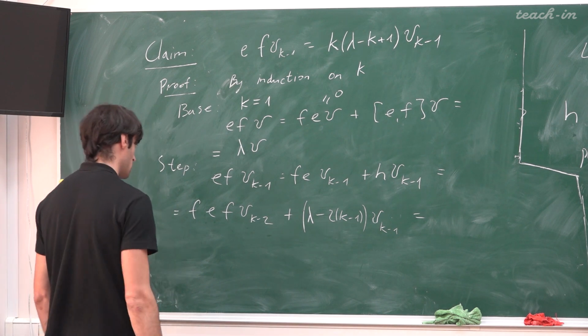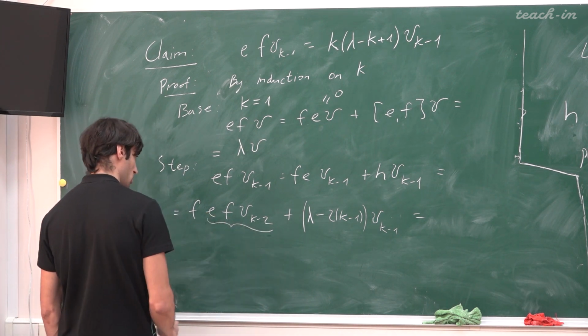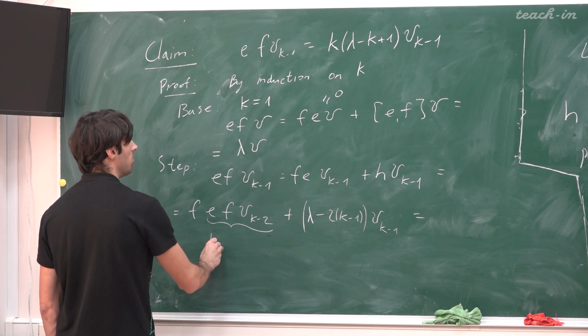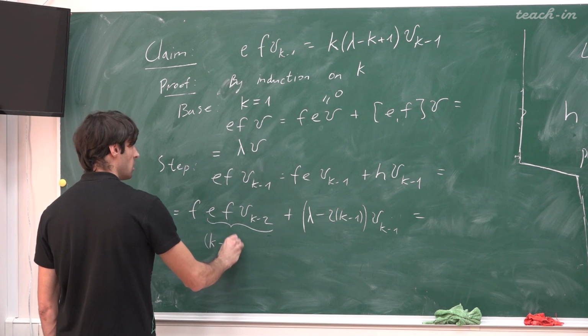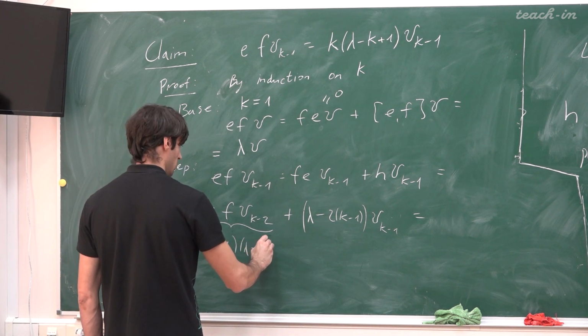Right, so now the induction assumption says that this thing should be k minus 1, times lambda minus k.